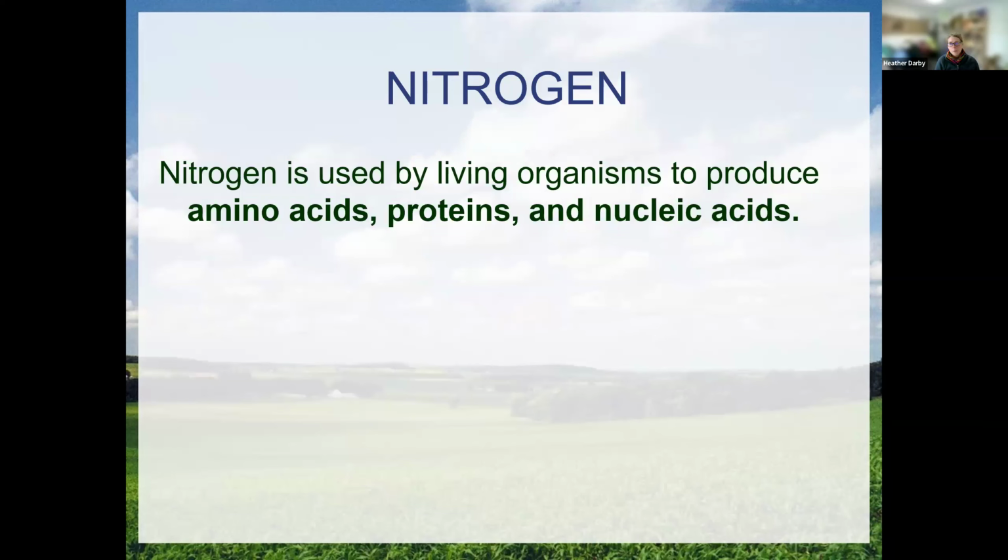So we know how important nitrogen is. It's the building block of amino acids and proteins and nucleic acids, and it drives a lot of function in the plants, in us, in our livestock. It's a very, very important nutrient. It's essential. You know that.